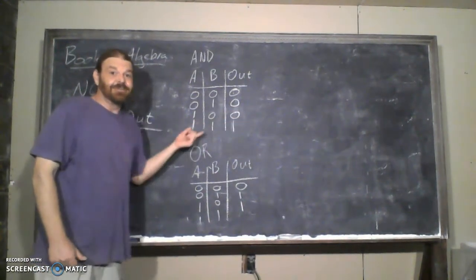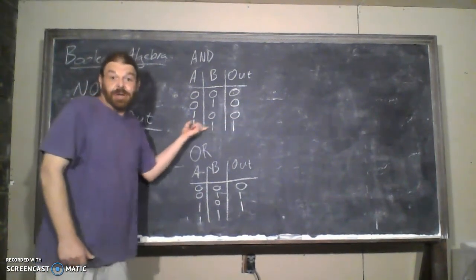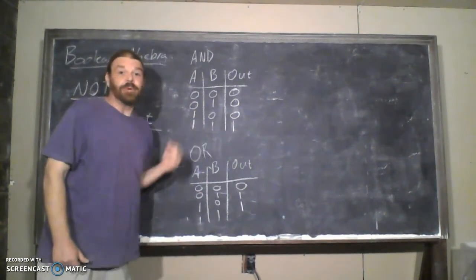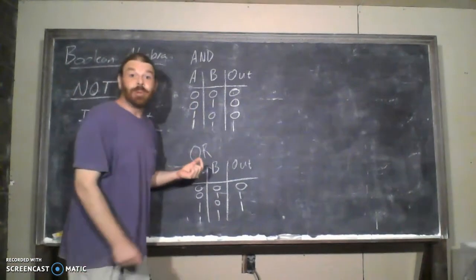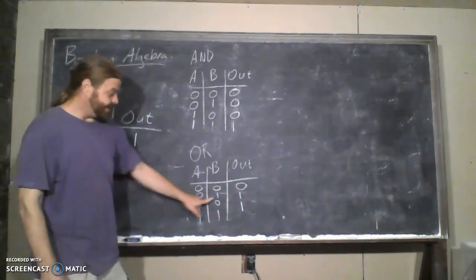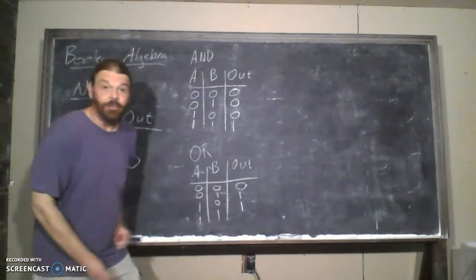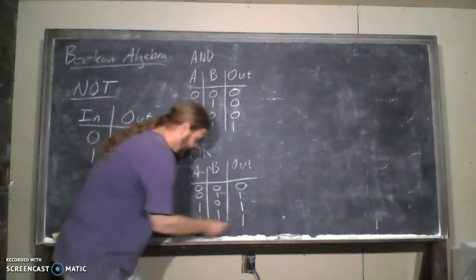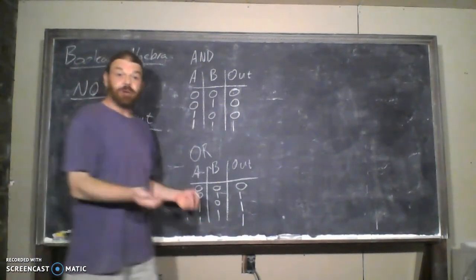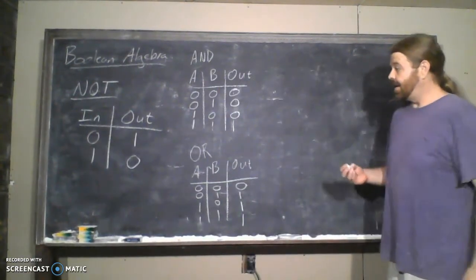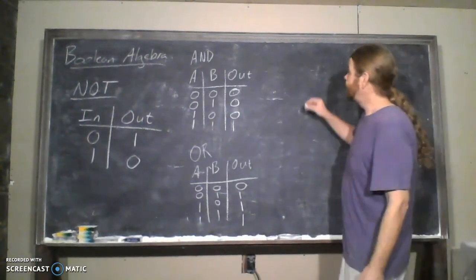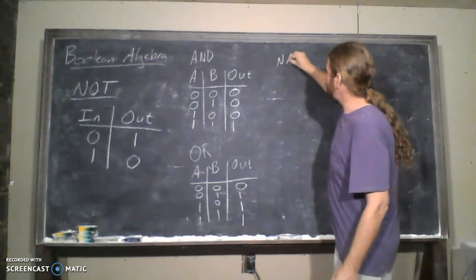Only when all the inputs are true will the output be true. And OR is just any little thread of truth we can find. If there's any truth in there, our output will be true. So again, there are different ways we can phrase it to make sense out of it, depending on the situation.